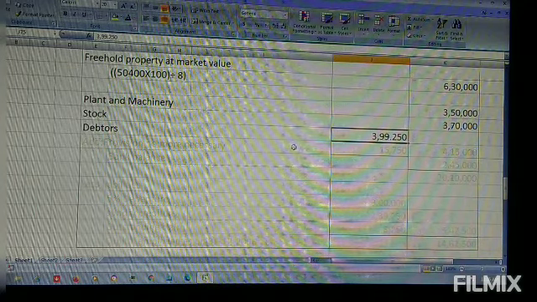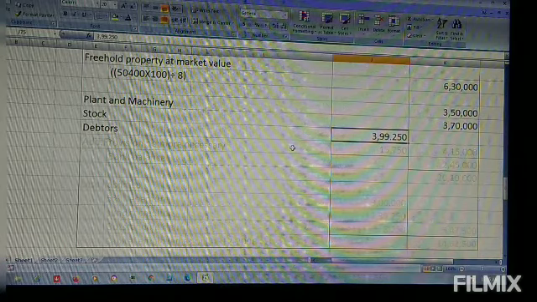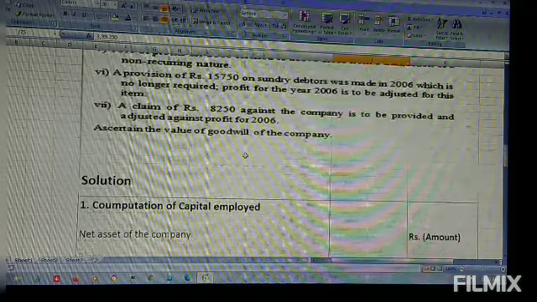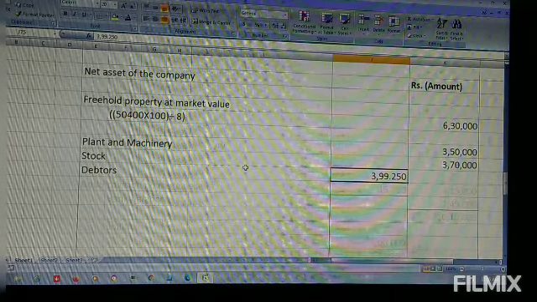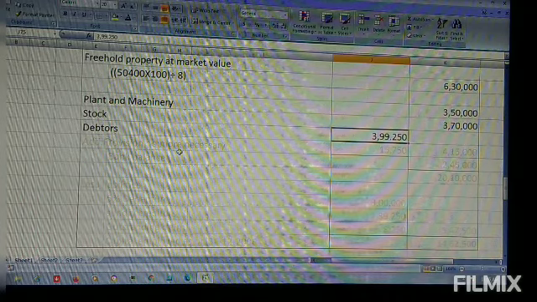These are all related to 2006 only, because the balance sheet is of 2006. 2004 and 2005 we are not taking, because they have already given the profit. Here profit is given, but we have to find out the adjusted or super profit.